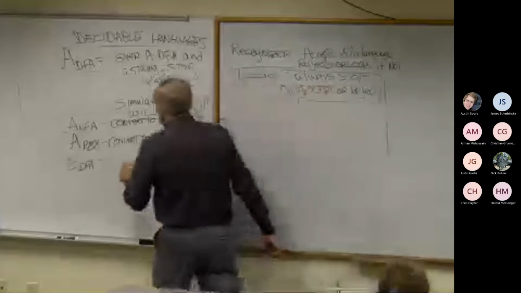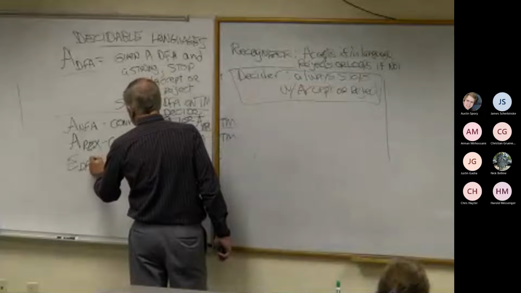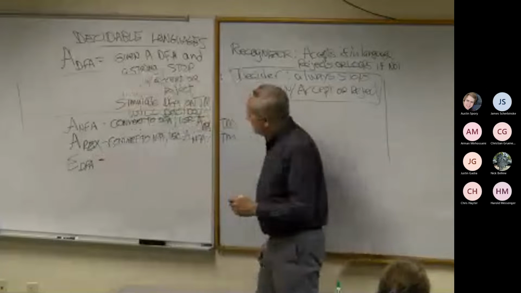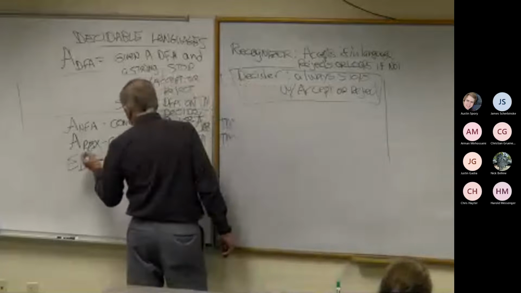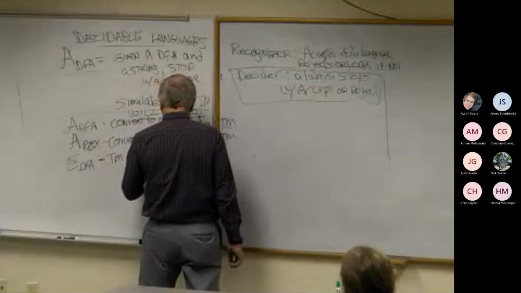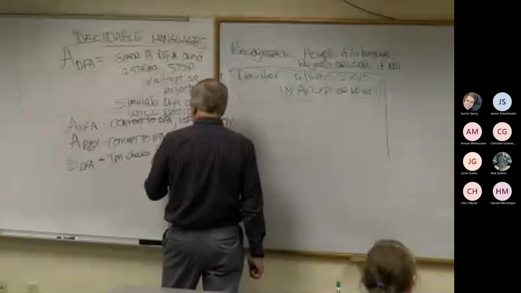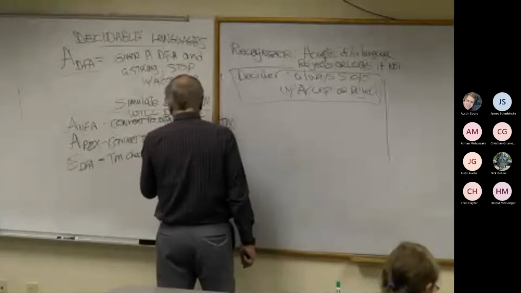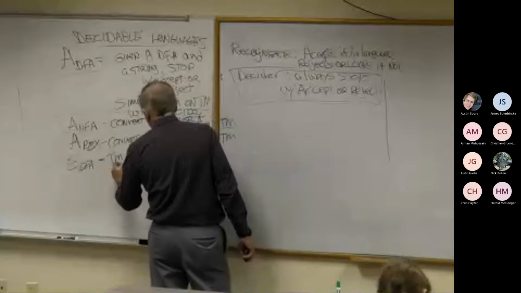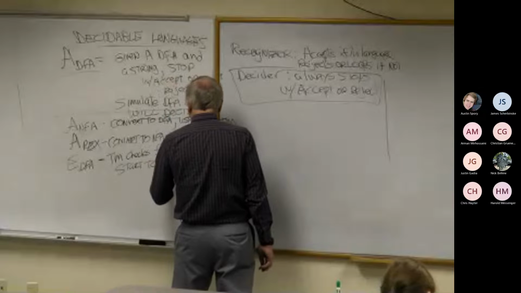And we can run the TM, where the TM checks for a path from start to any accept state.